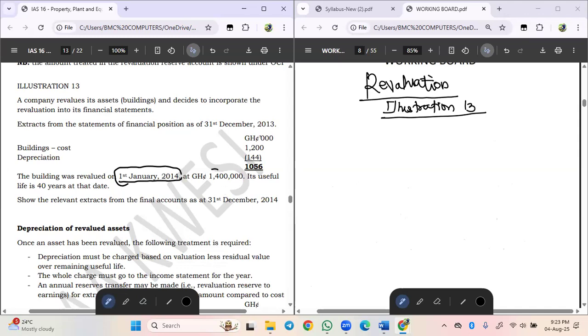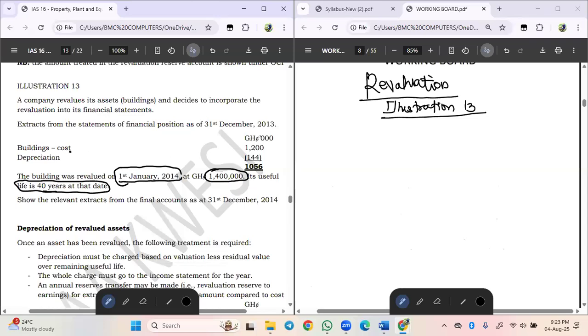Then you also focus on the revalued amount, and also the remaining useful life as at the revaluation, whether it increased or decreased. Whether it increased or it remained the same, that one is very important, because that's what you are going to use to calculate depreciation after the revaluation.